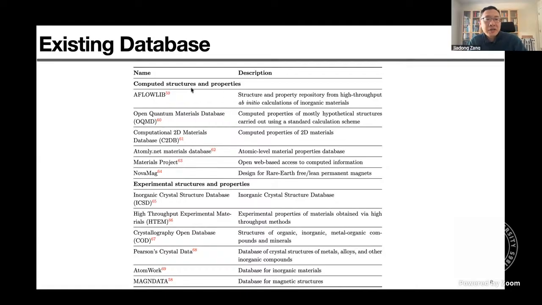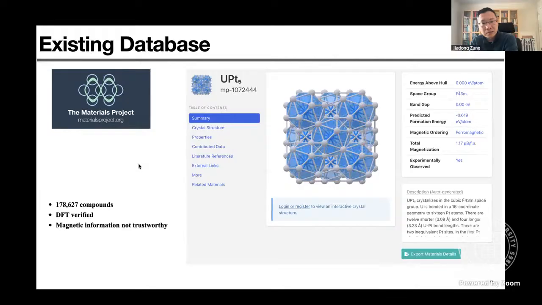One category is the computational result-based databases, constructed in terms of DFT calculations. On the other hand, there is also a list of experimental report-based databases. For example, in the first category, Materials Project is the representative. It consists of a large number of compounds from DFT calculations.